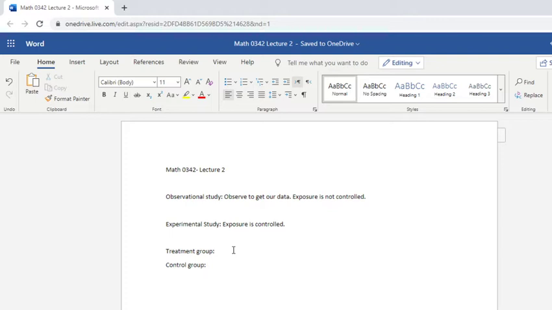So we might give a plant more water or less water. We might change the soil. We might change the type of light that it gets. We might change the amount of light it gets. We might change the temperature that the plant's at, its humidity, all sorts of things that we could change. And so this group is what would be receiving those changes. So it gets exposure to change.